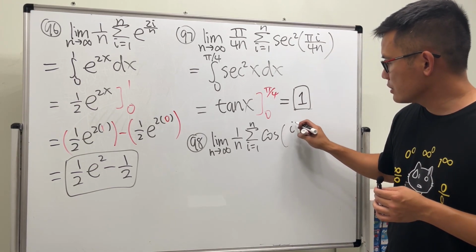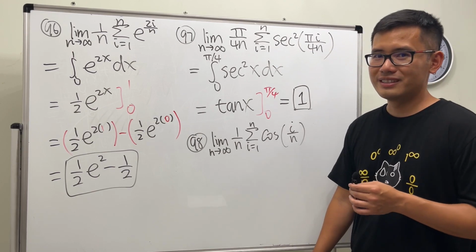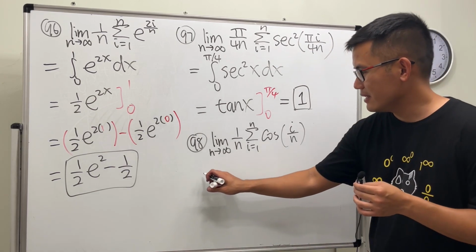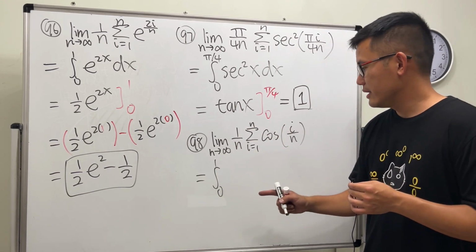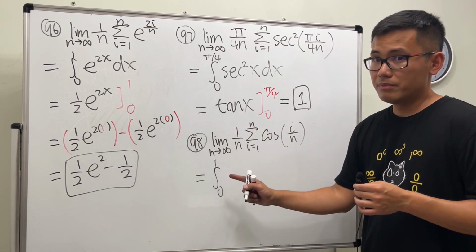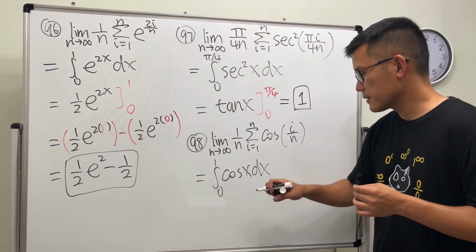This is crazy. How do we do this? Well, same idea. Integral from 0 to 1, because it's still 1, and the 1 over n matches. So this is just cosine x dx.